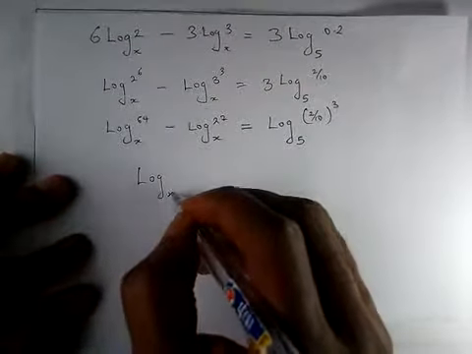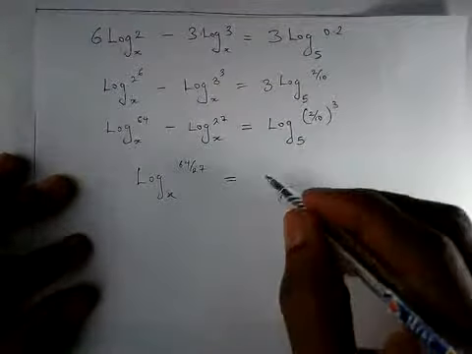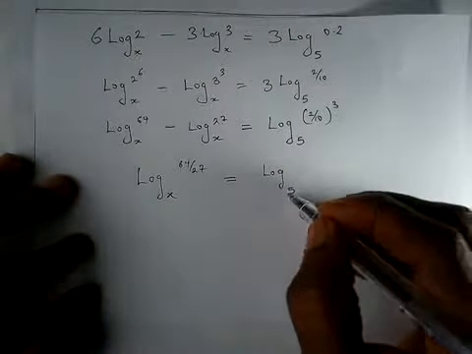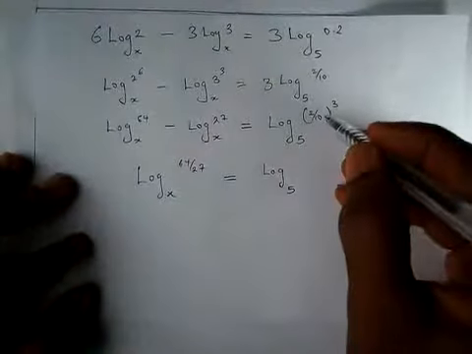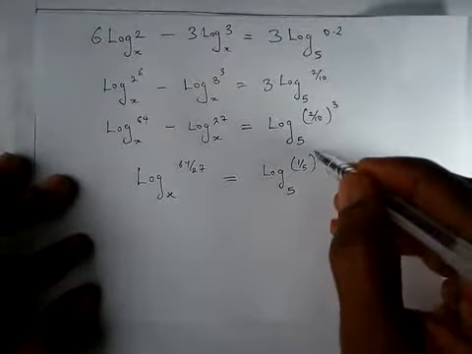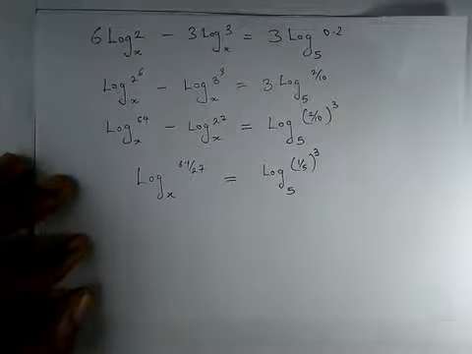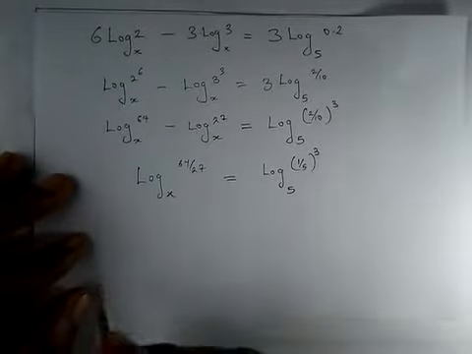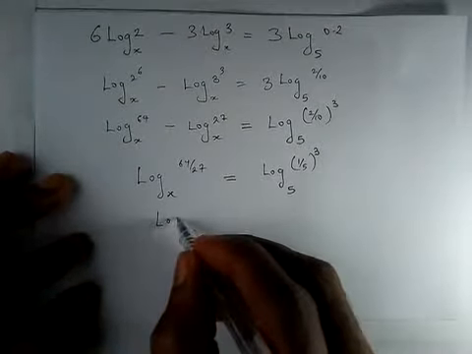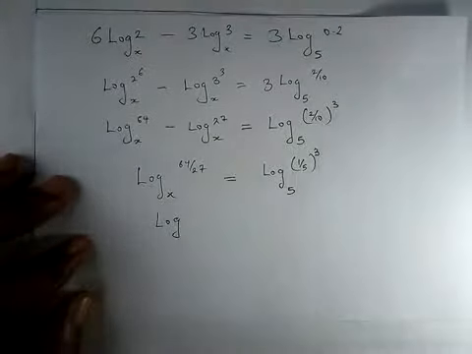Now what's this? This is log to base s of 64 over 27 is equal to log to base 5 of this is 1 over 5 raised to power 3. Okay, now we need to compare. Whatsoever is here, we should also have it here.